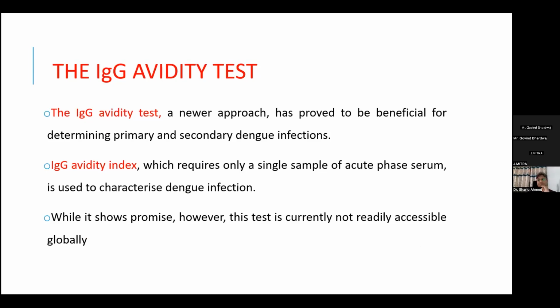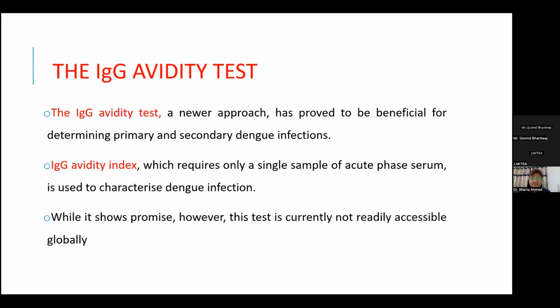Avidity means the strength of the non-covalent bonds formed between antigen and antibodies. So if the avidity is more, then we can tell that it is a secondary dengue infection because it has developed a more prompt IgG response.